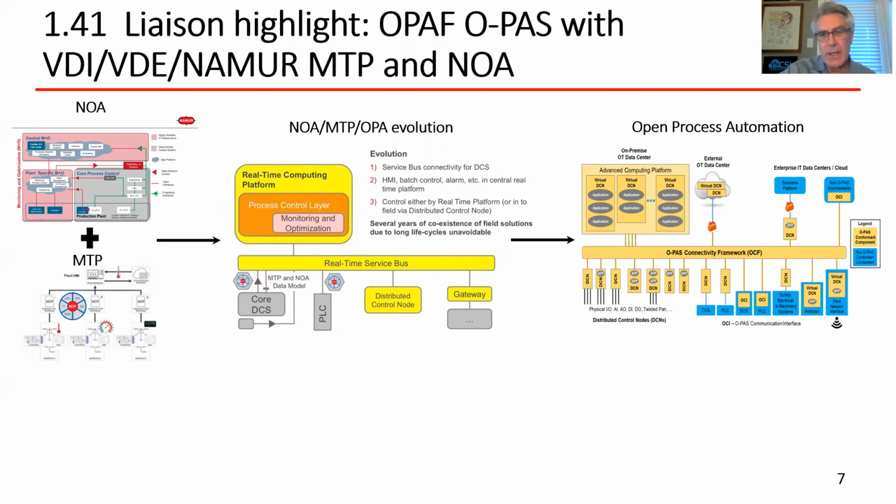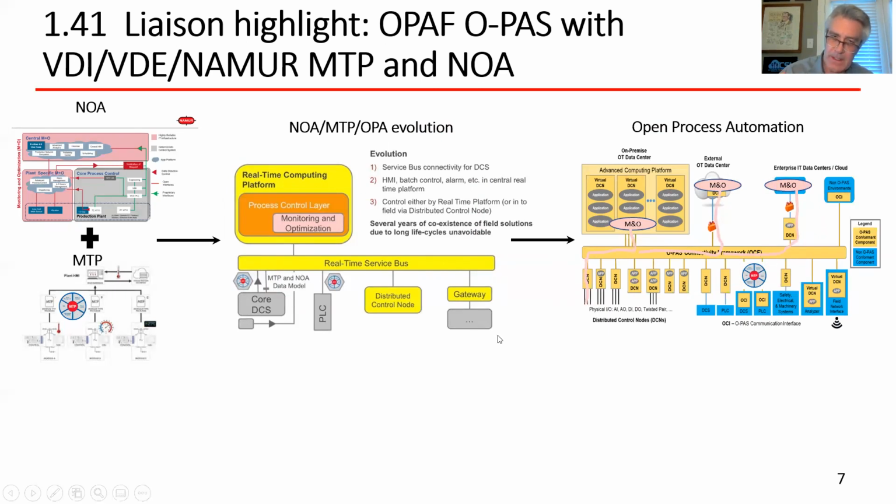So just to reinforce the point further, if you look at the OPA reference architecture, it's a little subtle in this small chart, but what you can see is that the functionality of NAMUR Open Architecture and what MTP does for us can be achieved in a harmonious way with a holistic design.